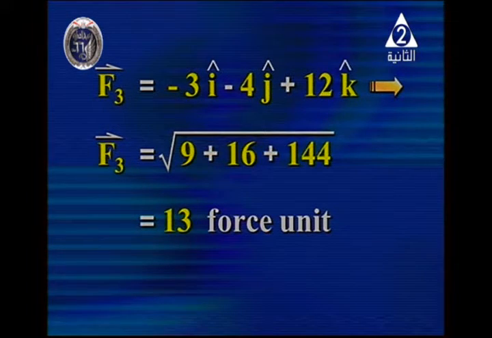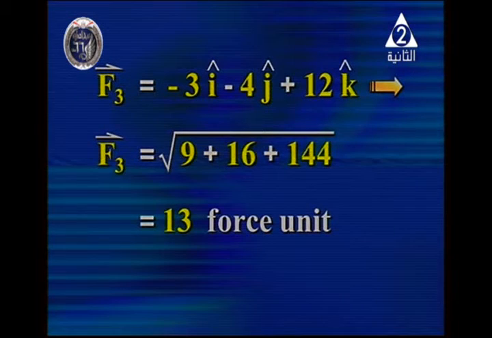That is, F1 plus F2 plus F3 equals 0. We add F1 plus F2 to find the value of F3 with a negative sign, so F3 equals negative F1 negative F2. After that, we calculate F3 as negative 3i, negative 4j plus 12k.